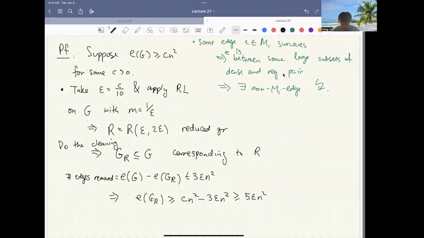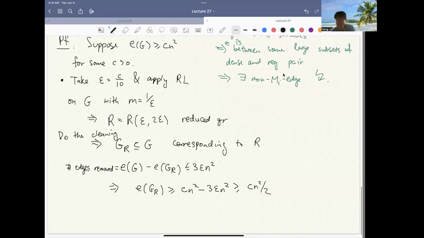So the number of edges deleted is less than half. I just want to write this is bigger than C n squared over 2.